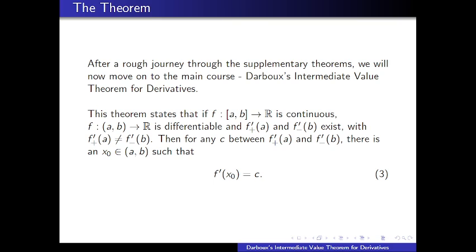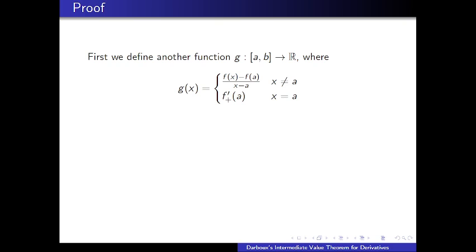So, if we know these two, then we know that for any c in between f'+(a) and f'-(b), there must be an x0 such that f'(x0) equals c. See the connection? So basically, given the above two conditions, we can deduce equation 3. This is Darboux's theorem.